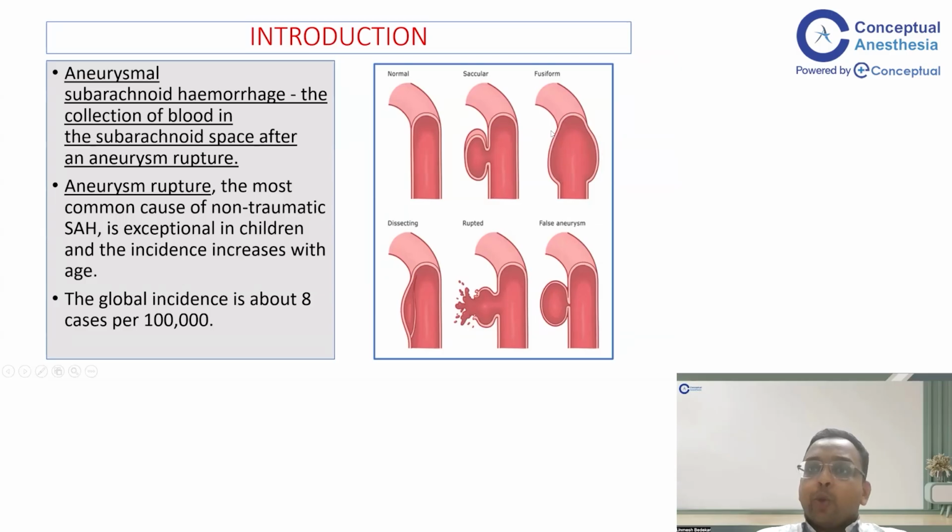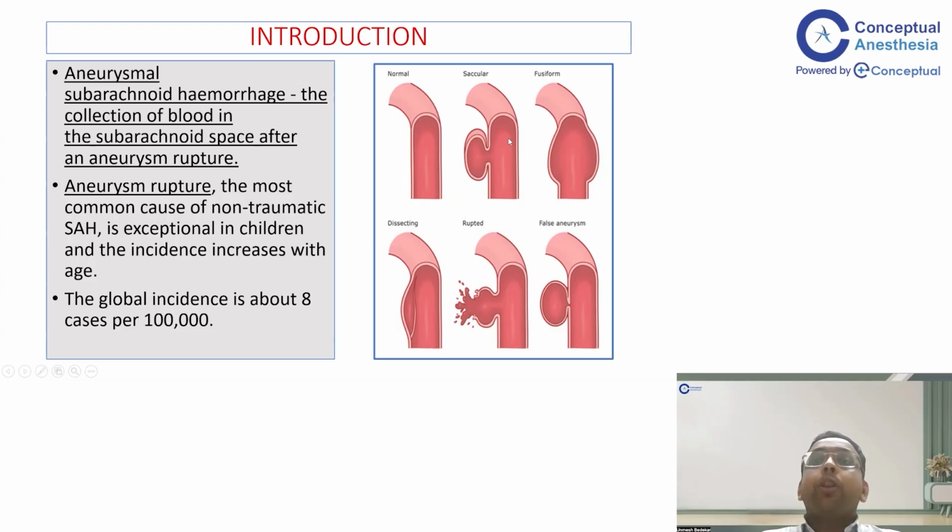You can very well see in these images there are different types of aneurysms depending upon the shape of the aneurysm. So basically, it is a deviation in the normal flow of the blood in the vessels because of an abnormal shearing stress and deformation of the vessels. So it can be saccular in shape, it can be a round fusiform in shape, it can be a dissecting aneurysm, it can be a ruptured aneurysm, which is again difficult to deal with, or it can be a false aneurysm.